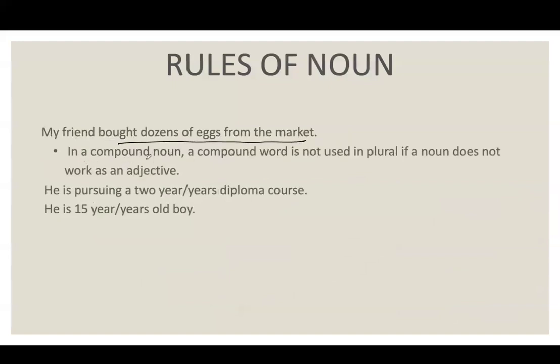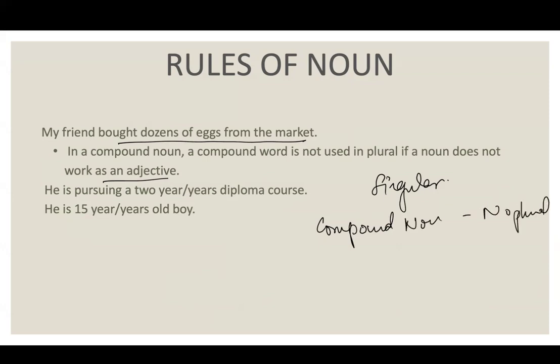In a compound noun, a compound word is not used in plural if the noun works as an adjective. So when the noun functions as an adjective, it remains singular. Basically, compound noun means no plural if adjective is there.